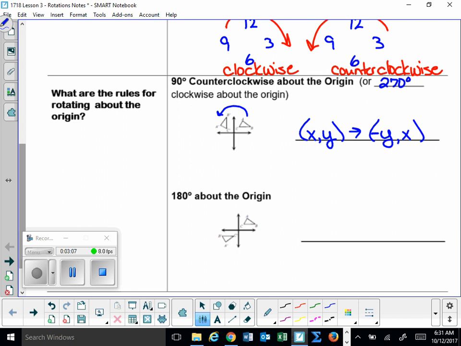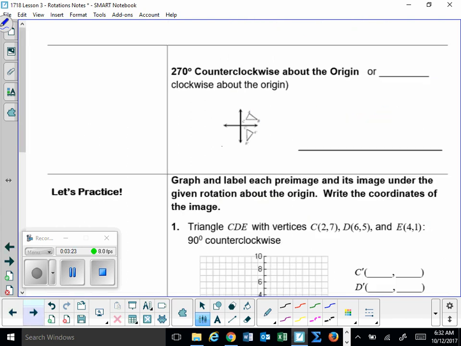Okay, for 180 degrees about the origin, and it doesn't matter with 180 degrees whether you go clockwise or counterclockwise, your ordered pair simply becomes negated. And for 270 degrees counterclockwise or 90 degrees clockwise, your ordered pair switches and the second one negates.